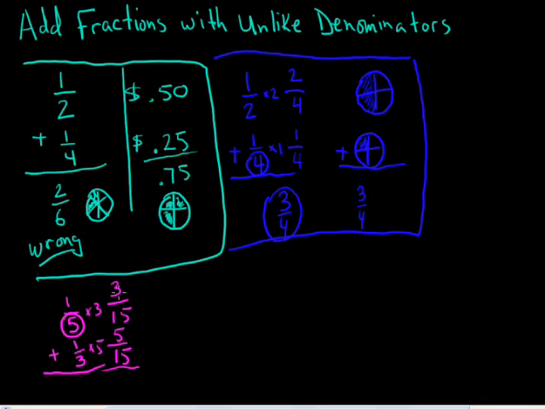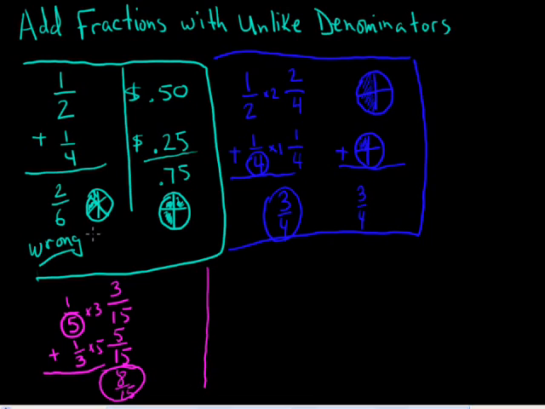Now we're ready to add because we have our denominators the same. Remember, our denominators stay the same. We don't add our denominators ever. So 3 plus 5 makes 8/15. And that is in simplest form. That's one that we cannot simplify any further.